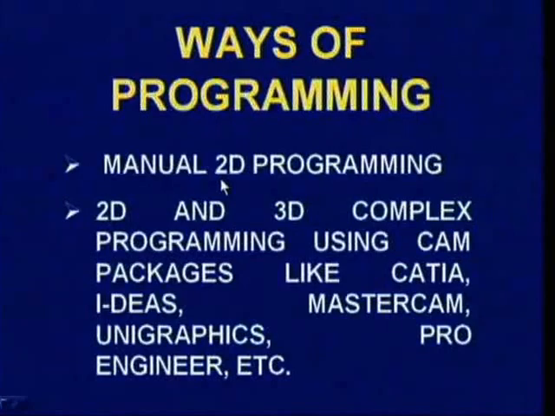Now, at first we have to know what are the different ways of part programming. In the olden days, we had only one technique, that is NC or CNC. Nowadays, with the introduction of new technology, there are several CNC systems. Based on the CNC system which we are adapting to the CNC machine, there may be different programming formats or different programs.